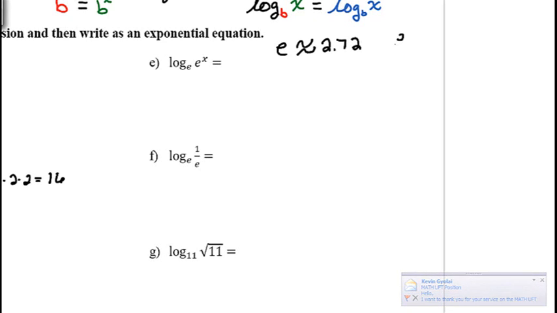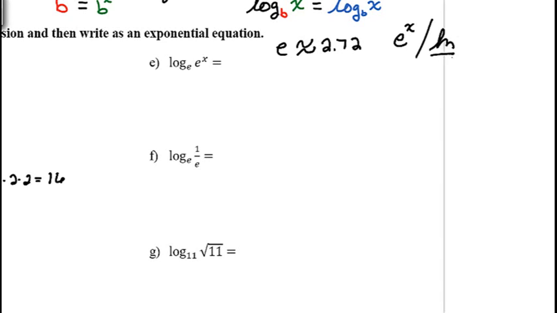And again, you should have a button on your calculator that's e to the x. And it's usually somewhere near or the same button as the ln button. And we'll talk about what this means in another video.